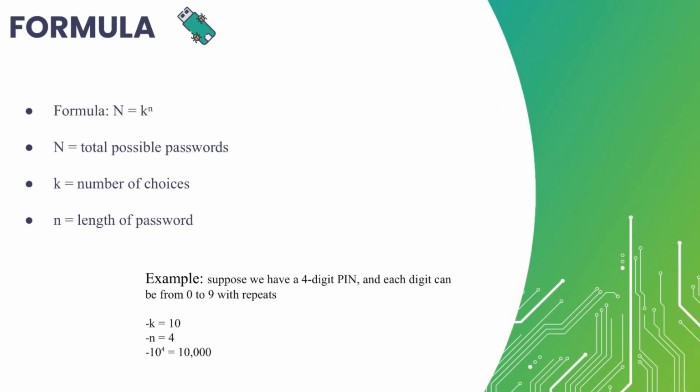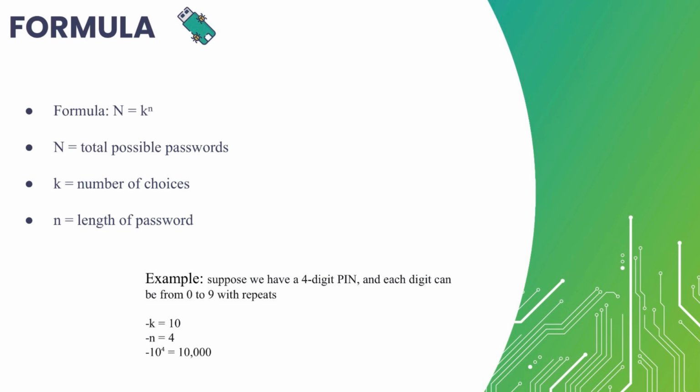We can generalize this idea with a formula: N equals k to the power of n. Here, k is the number of possible characters and n is the length of the password. For example, suppose that we have a 4-digit PIN and each digit can be from 0 to 9 with repeats.